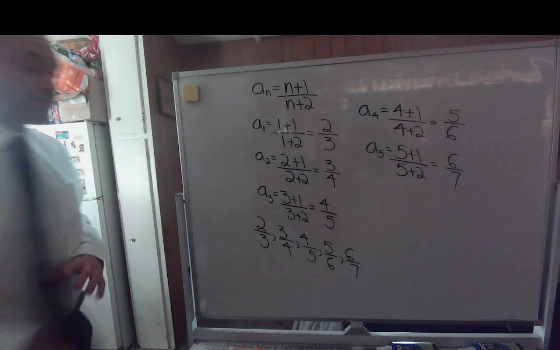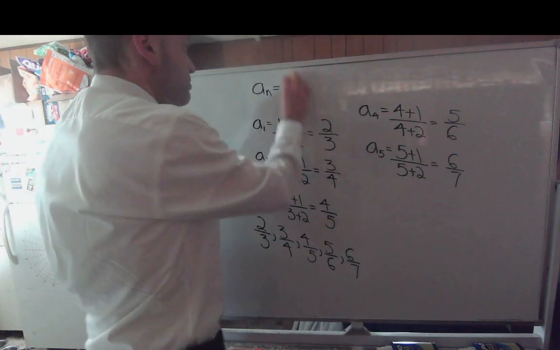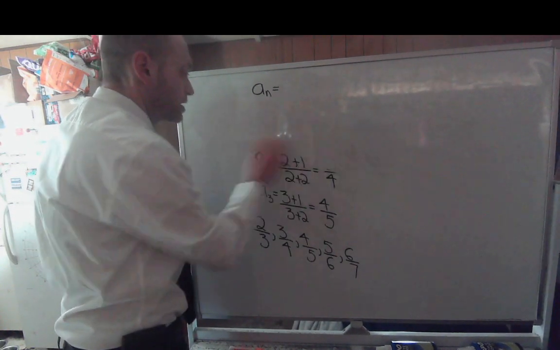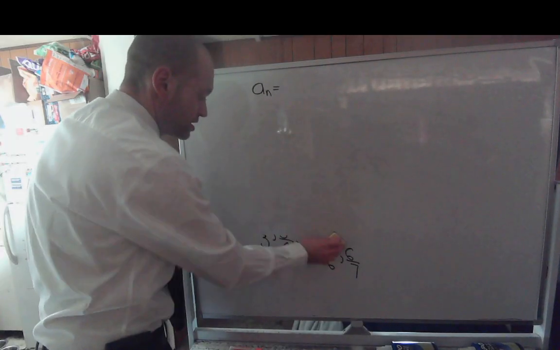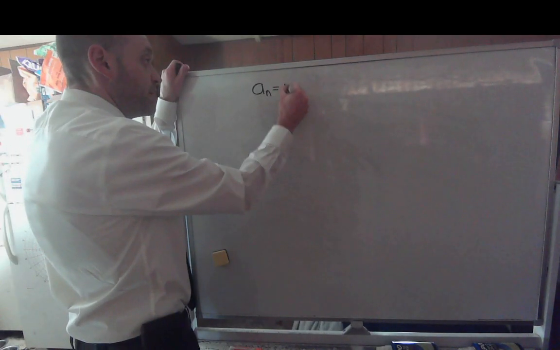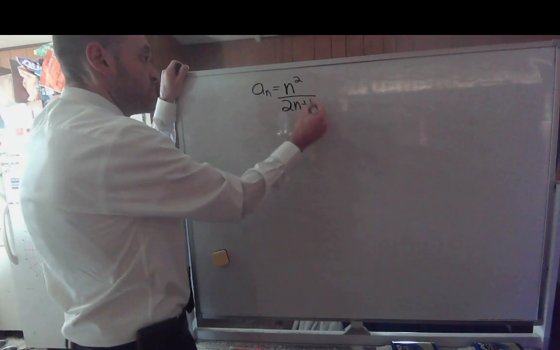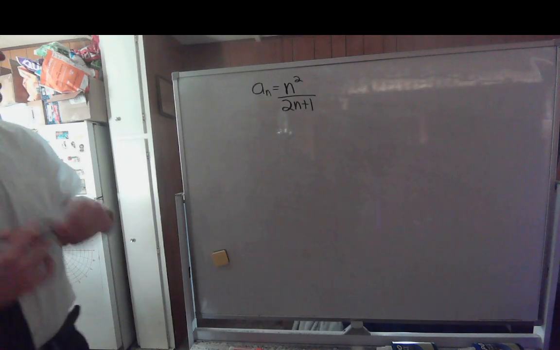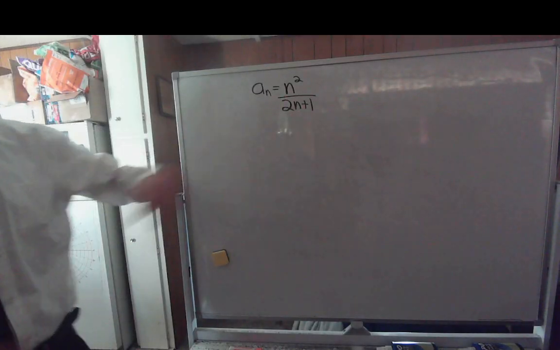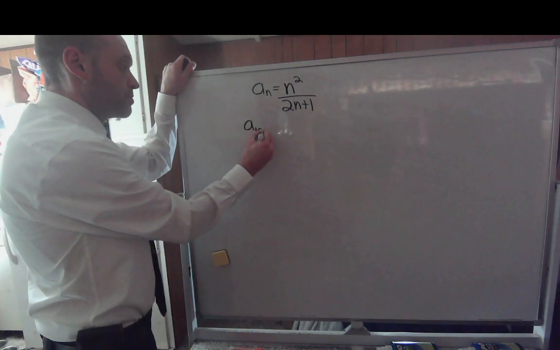Now we don't just have to limit ourselves to the first 5 terms of a sequence, we can find any term of a sequence. Let's say I have something like n squared over 2n plus 1. So let's say the formula for the sequence is a sub n equals n squared over 2n plus 1. Well, I want to find the 16th term.